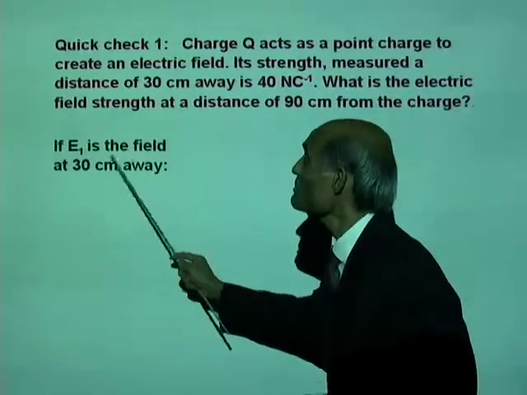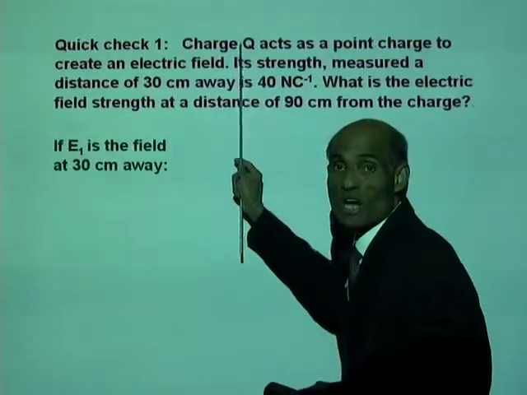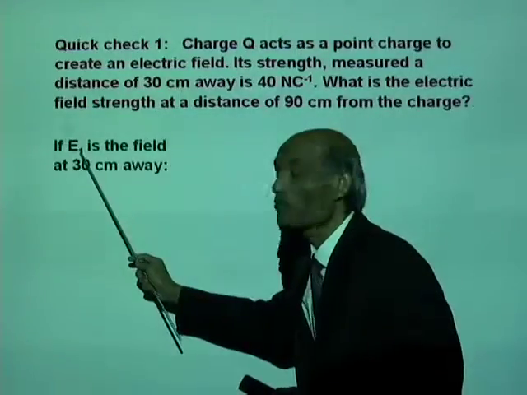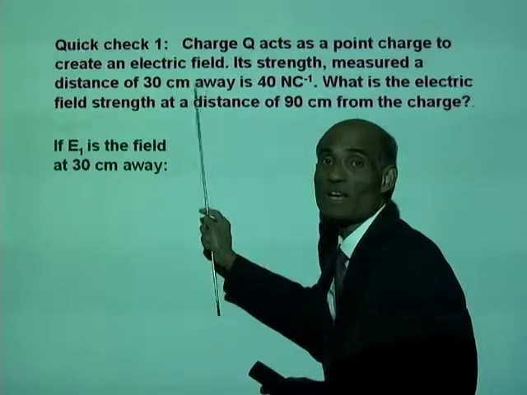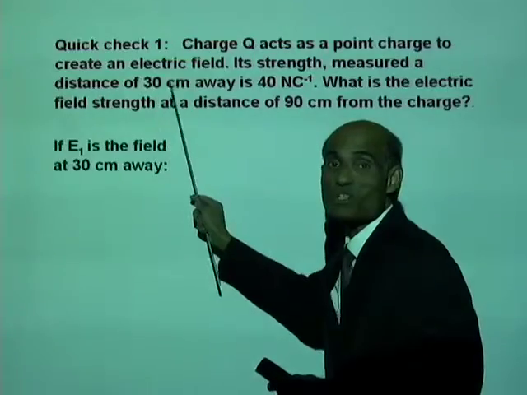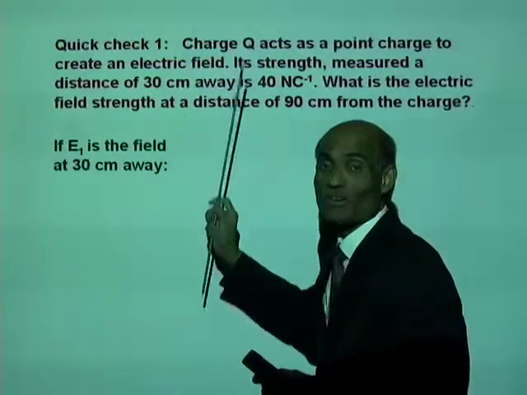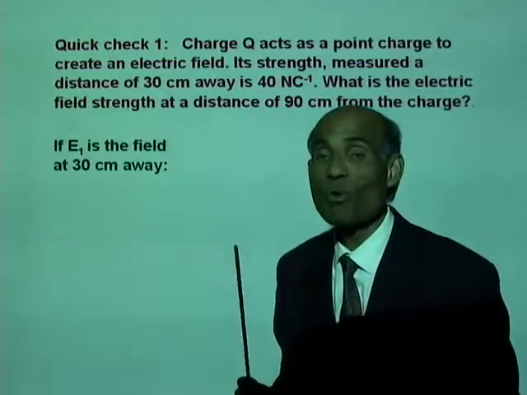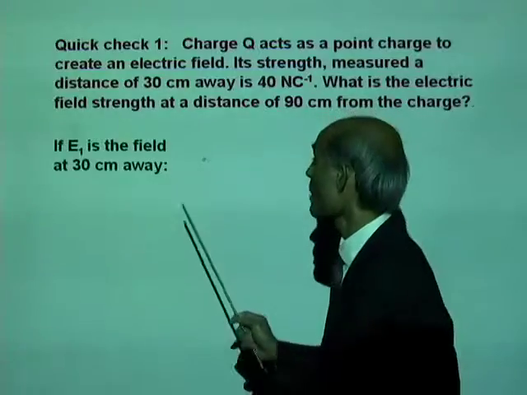If E1 is the field at 30 centimeters away from this charge, can you write an equation for E1? E1 is the electric field at a distance 30 centimeters away from a charge Q. Electric field at a point is KQ divided by R squared.